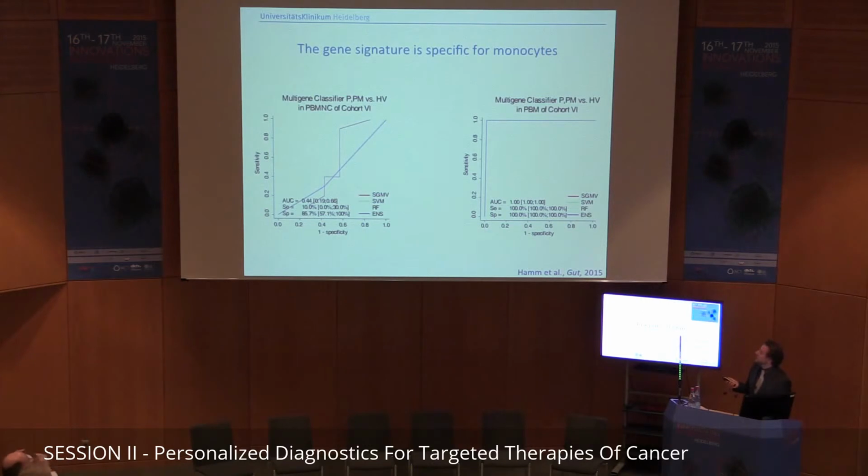This was not only the case for a single gene analysis, but also using the previously established classifier. In this independent cohort in monocytes, we found the previously confirmed sensitivity and specificity. Using this classifier in mononuclear cells, it was no better than guessing.